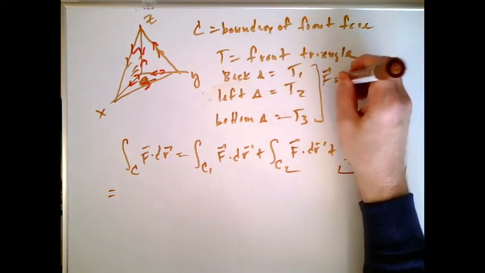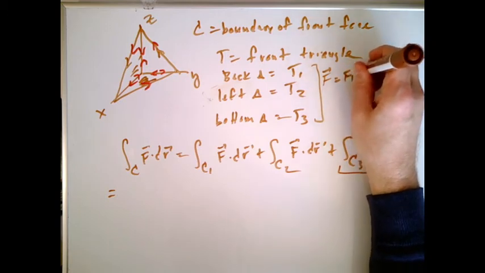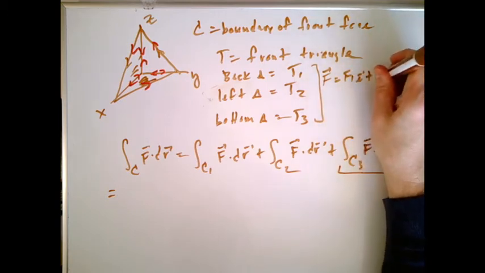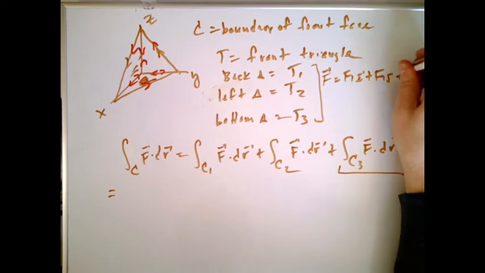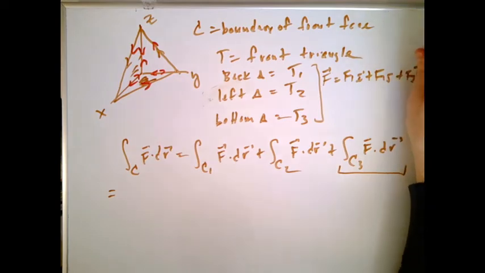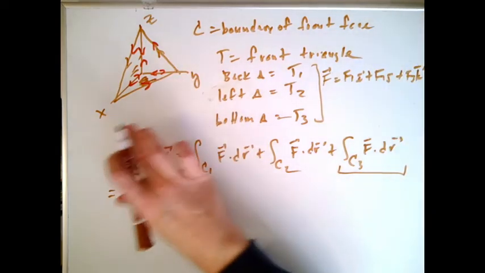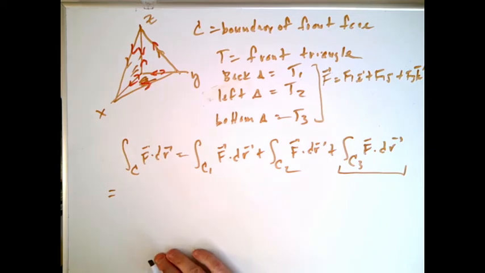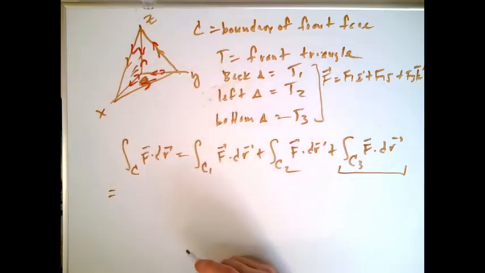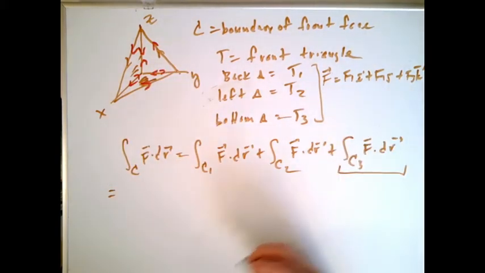It does have F1 i plus F2 j plus F3 k. But if I'm doing work just along C3, which is the bottom, that's perpendicular to K, so the K part is not going to do any work. So all we're actually getting is basically the Green's theorem thing, because it's just basically in the xy plane. The only thing that's actually doing any work is F1, F2.